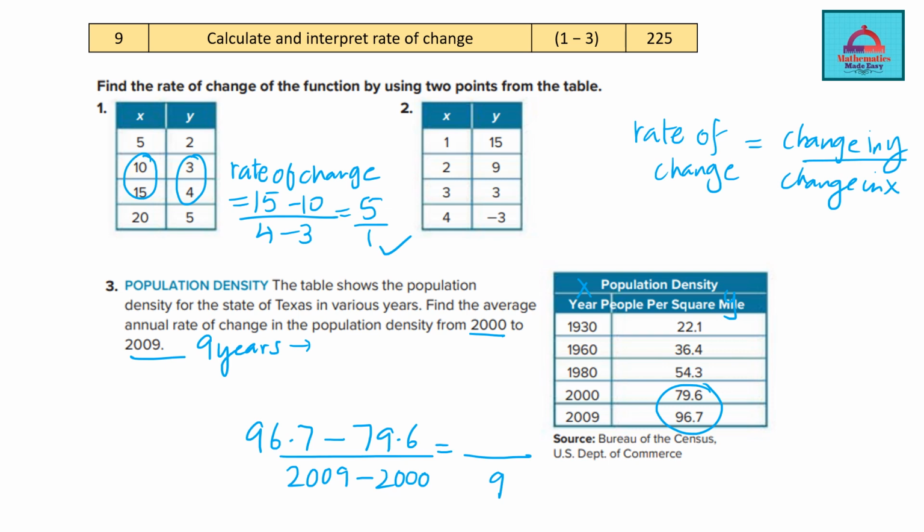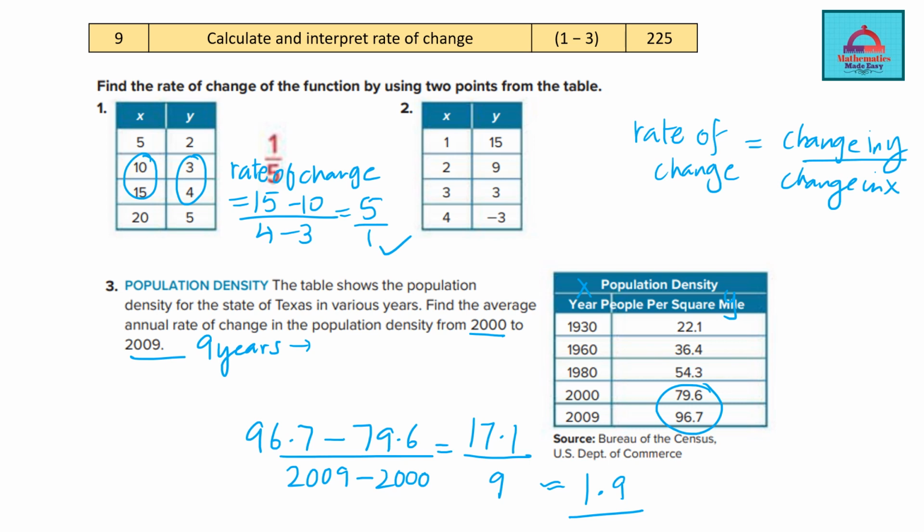So 96.7 minus 79.6 is going to give you 17.1, which divided by 9 is approximately 1.9. So the rate of change is 1.9, and you can check your answers.